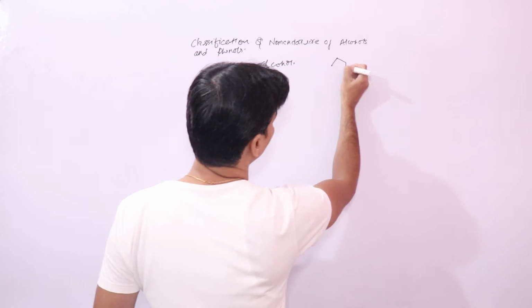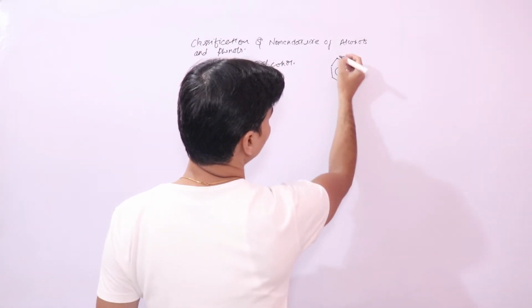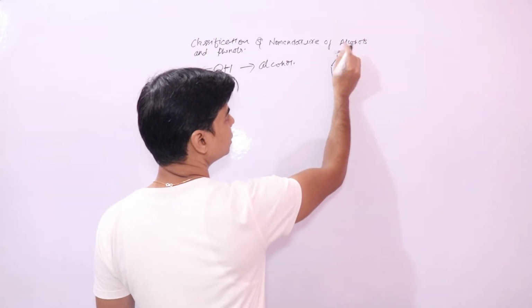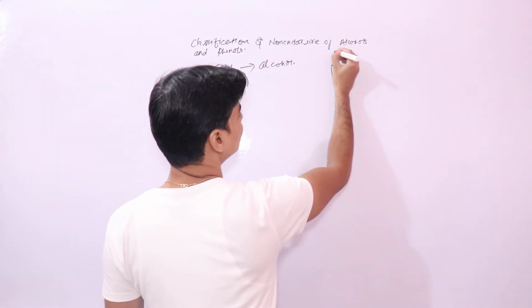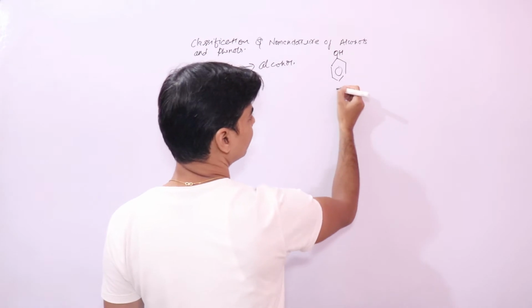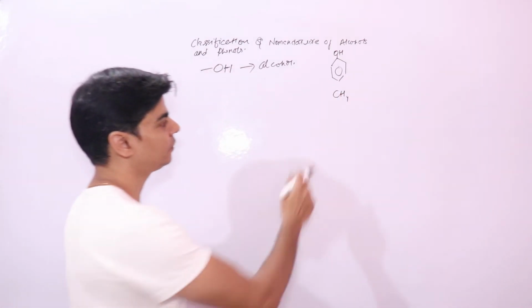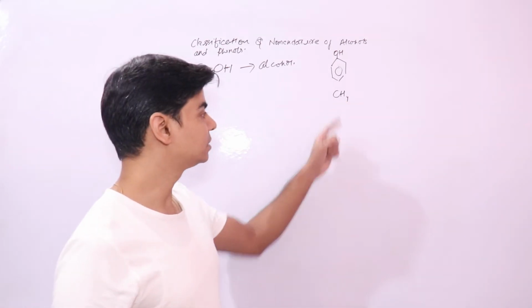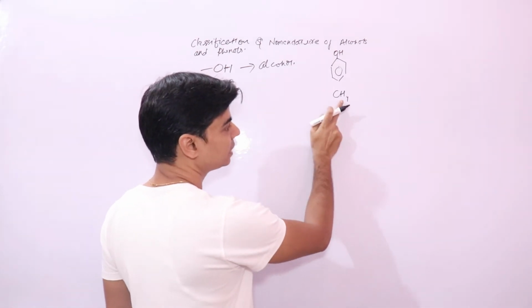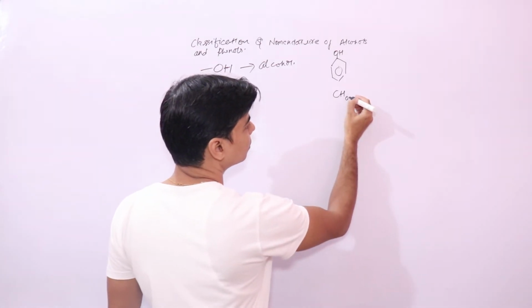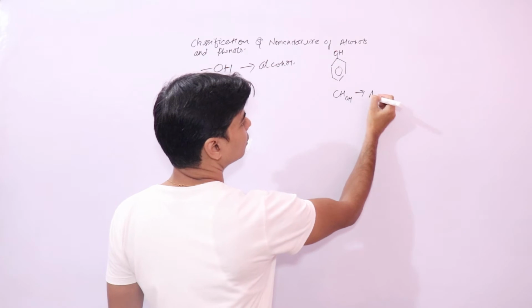This is your benzene. Here you have a hydrogen atom. If I replace this hydrogen atom with this OH group, what I get is a phenol. Now if this is your aliphatic hydrocarbon, methane, CH4, and I replace one hydrogen atom with an OH group, what I get is an alcohol.